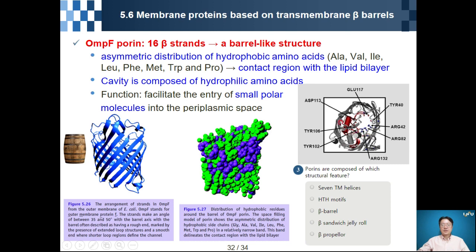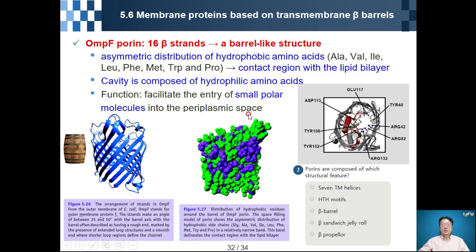And they also have a channel interior, which is composed of hydrophilic amino acids: glutamate, which has a negative charge, arginine, which has a positive charge, and tyrosine, which has a polar side chain with an OH group. The main function of OmpF porin is to facilitate the entry of small polar molecules into the periplasmic space.